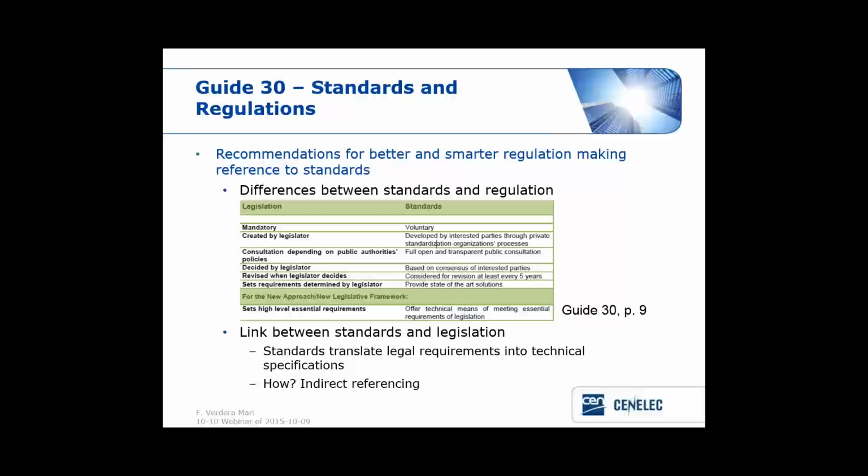But in this case, it's very interesting that we have an indirect referencing of a dated standard. So this means there is clear certainty on which is the standard that gives you presumption of conformity. So for the manufacturers, for the importers, for the consumers, for everybody, even for the authorities that have to control the market, and market control is a bad expression, I must say, to make a surveillance of the market, that's the correct way.